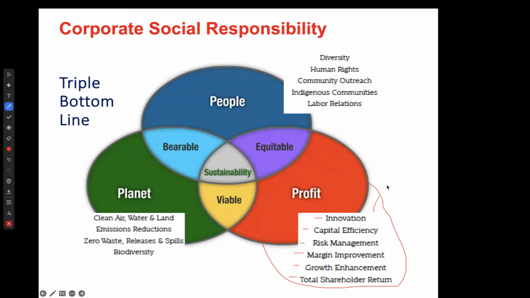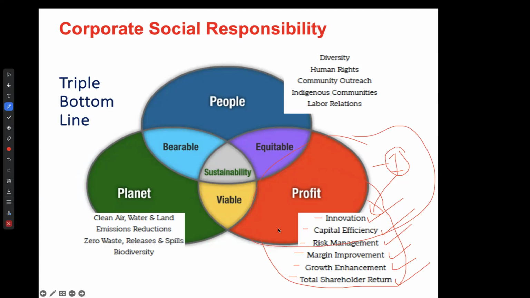So your shareholders who have invested in the company must get returns. That's the first goal of a manager. The first goal of a manager is to run the company at a profit. So you need to have plans for innovation, capital efficiency, risk management, margin improvement. There are so many things you need to do to ensure you deliver the company at a profit.